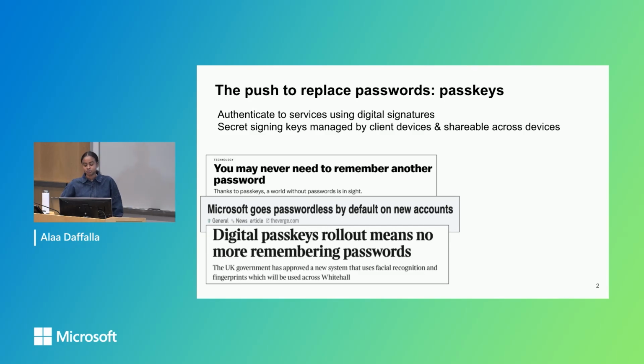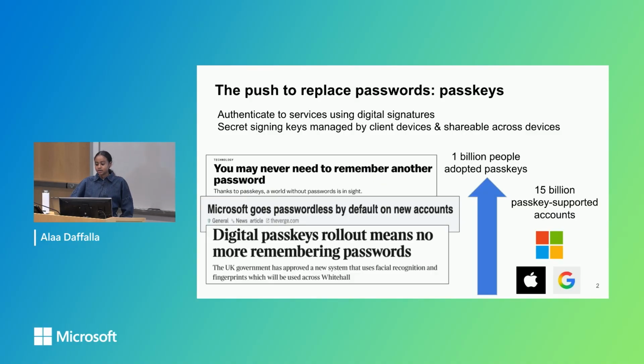So instead of typing a password, authentication happens through digital signatures. And your passkey credentials are stored securely on your device and can be synced across your devices. To date, 1 billion people have adopted passkeys, and there are around 15 billion passkey-supported accounts across all services.